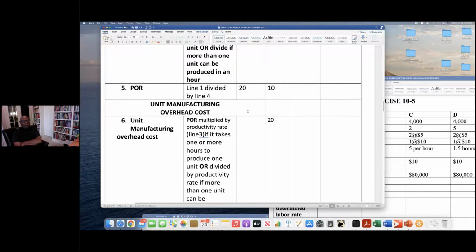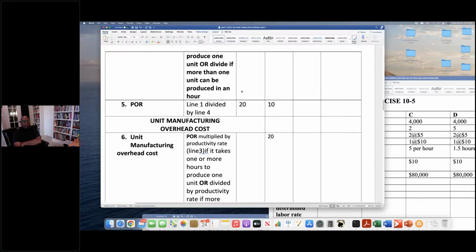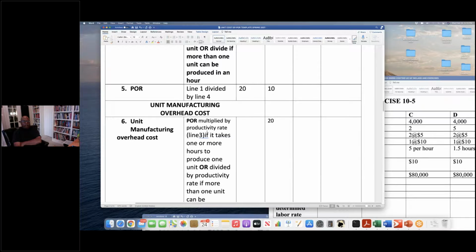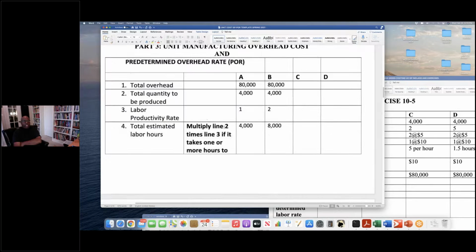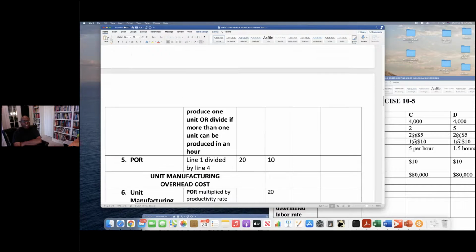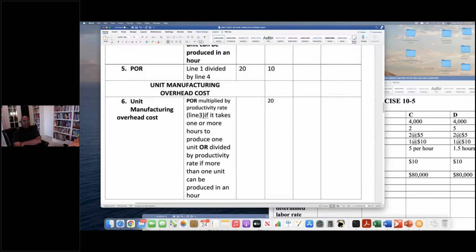We multiply the POR, which is 20, by the productivity rate, line 3. So we go to line 3 and see what's on line 3. What's on line 3? 1. So what's 1 times 20? 20.